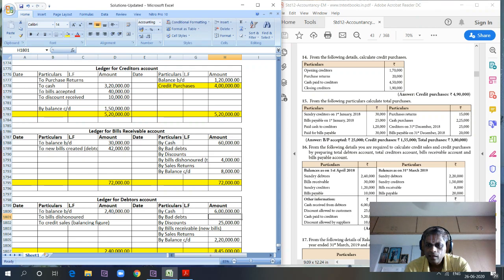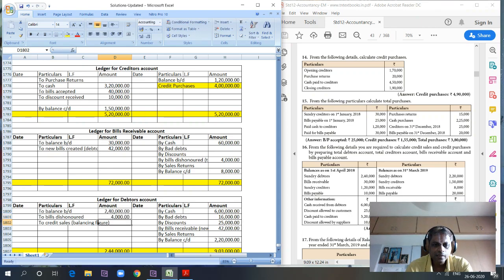Then bad debt 16,000. We have new bills created 42,000, which is transferred from the bills receivable account. Then bills receivable dishonored, which is 4,000 rupees, again transferred from the bills receivable account.